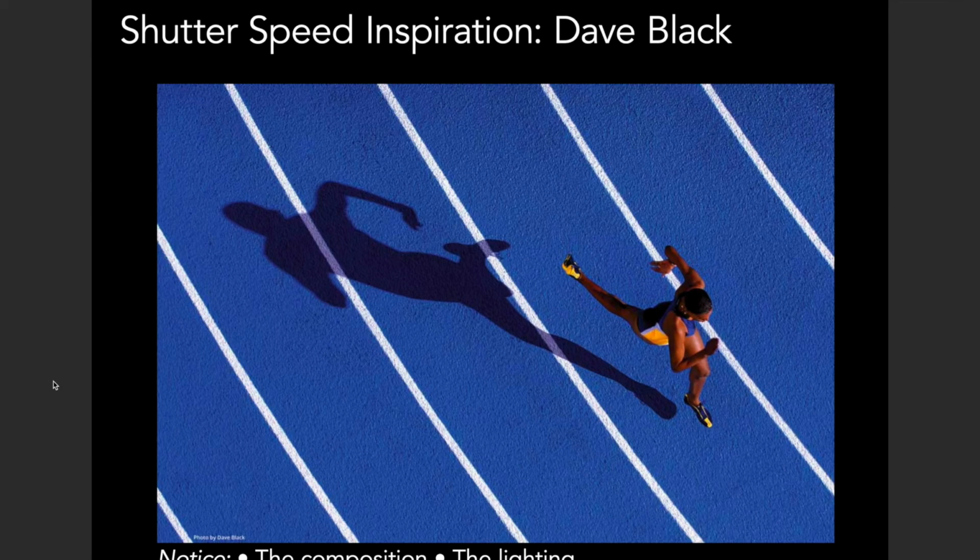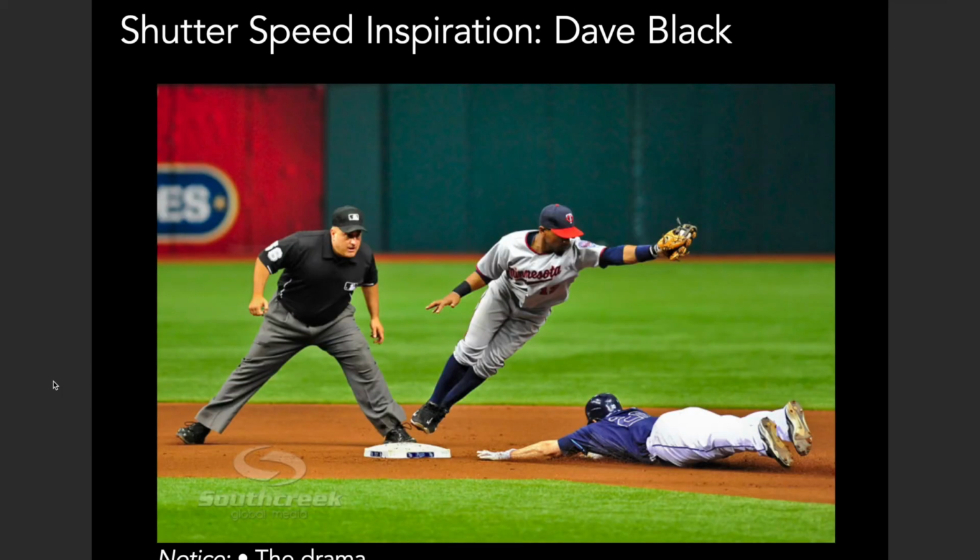So Dave Black does a lot of staging, but then he also does kind of normal sports photography. And if you look at this, just the drama of the moment: one player is sliding in to touch the base, the other player is catching the ball. They're both about equidistant away from the base, so you kind of don't know. There's this drama of who is going to touch it first.